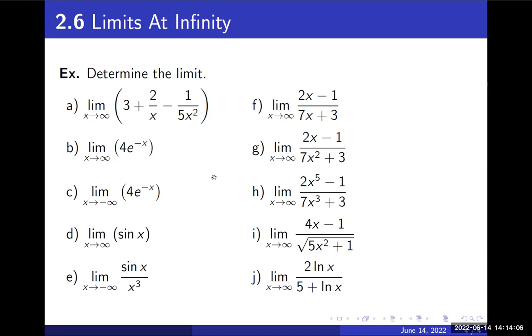They both have sine x. F, G, and H are going to be another category of these sorts of problems. And then I and J are two additional problems that step it up a little bit. All of these will use that theme of, are we dividing by infinity and that sort of thing.